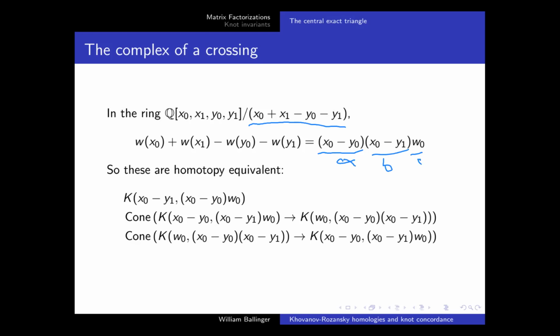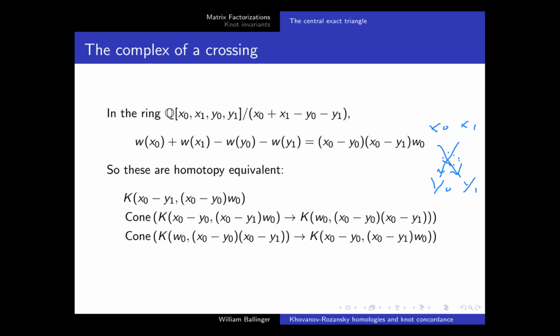So now this Koszul complex with x0 minus x1, we want to think of as being a virtual crossing, with x0, x1, y0, y1. Because in the differential we have x0 minus y1, so we're imposing x equals y1, and then we also had this extra x1 minus y0 from that relation we imposed.